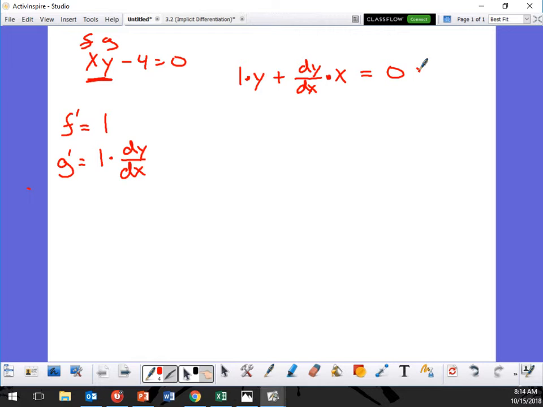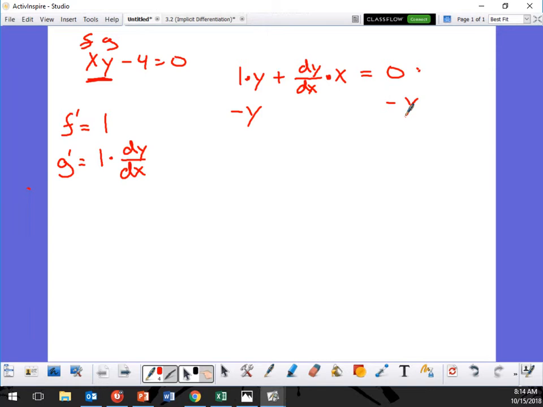If I had to divide or multiply, I would have to do the opposite to undo it. Since right here it's just adding to my dy/dx, I'm going to have to subtract it. So 1 times y is just y. So I'm going to subtract a y here and minus y here.